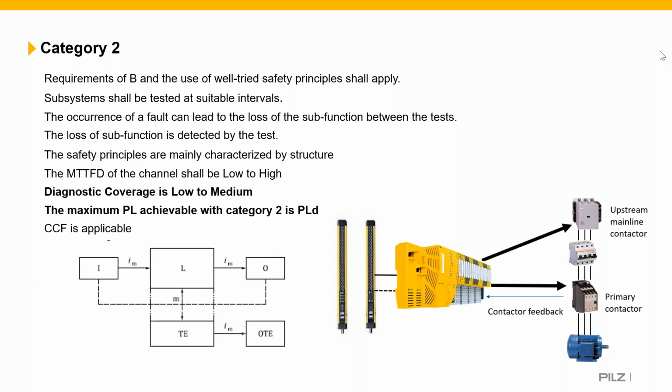To correctly position these light curtains, you must always take your worst case scenario. So that must be in the case of a failure where the primary contactor has failed, the reaction time of the safety logic device making the decision to shut off the upstream mainline contactor to bring the machine to a standstill. So that would be how you would have to do the calculation to determine the safe distance for your light curtains or floor scanners, whichever you were going to use.